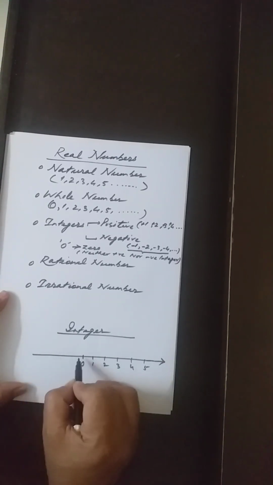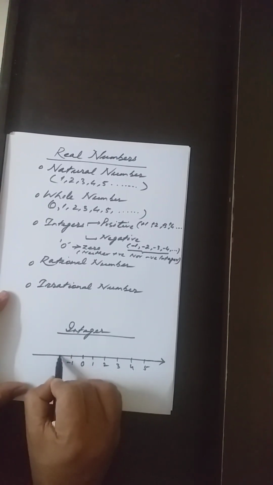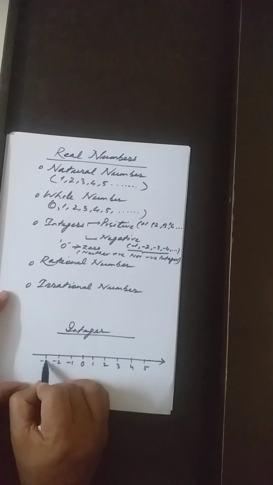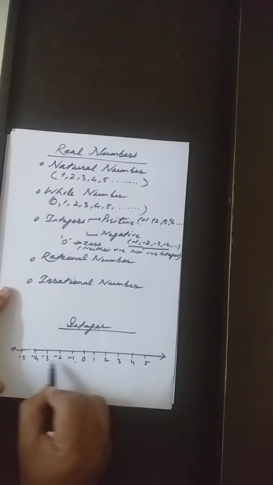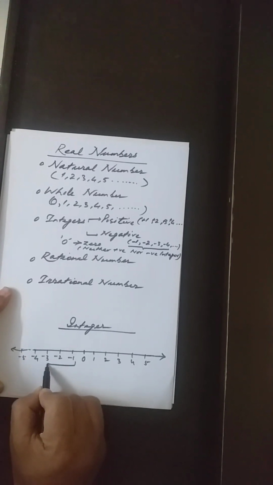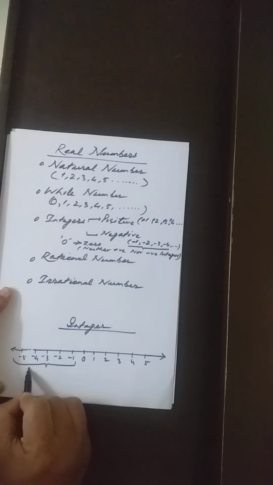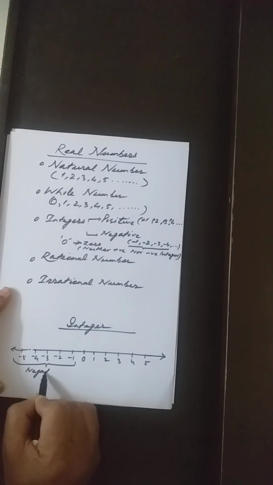On the left side of 0 we write minus 1, minus 2, minus 3, minus 4, minus 5, and so on and so forth. So these numbers minus 1, minus 2, minus 3, these will be negative integers.